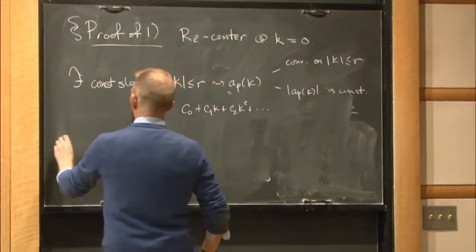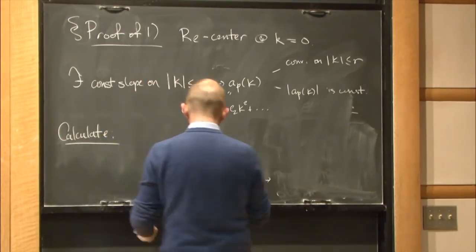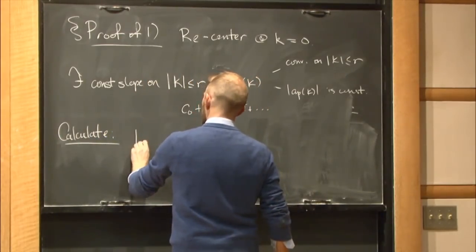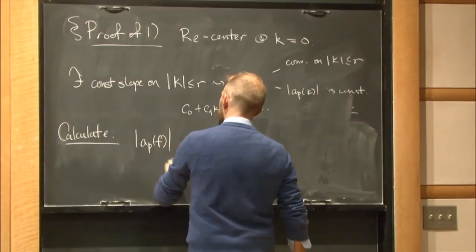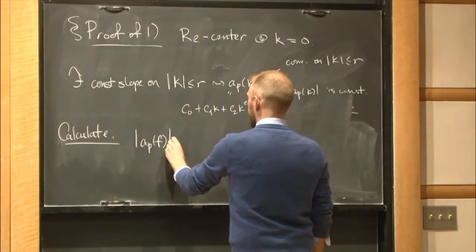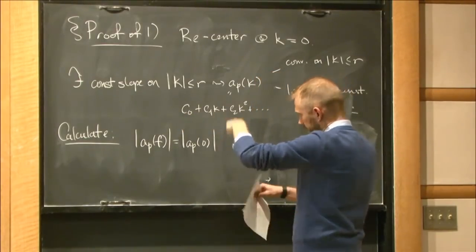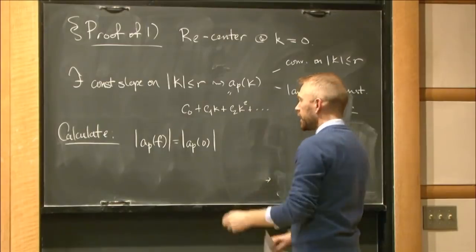Now you calculate. The norm of AP of f is the norm of AP of 0, the center of the disk, where f lives.